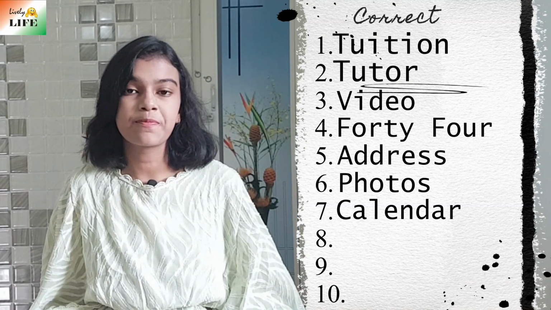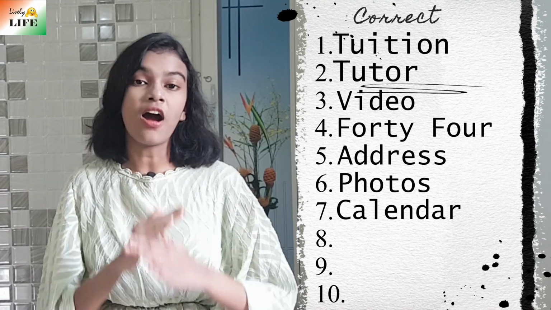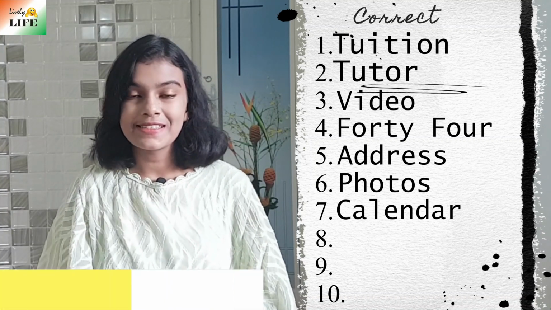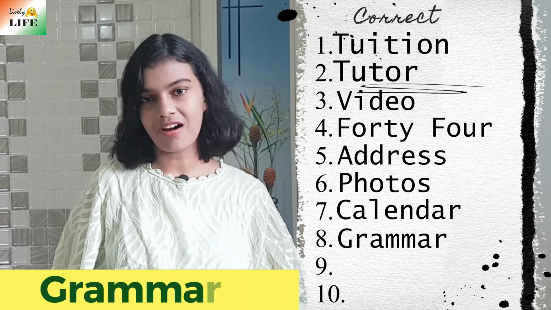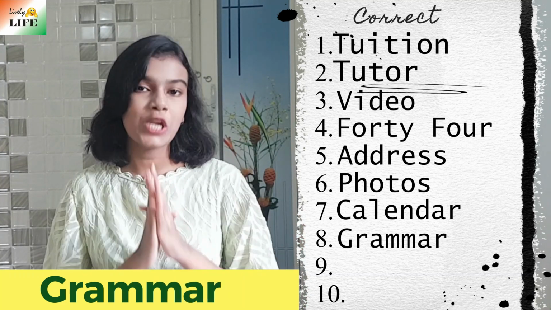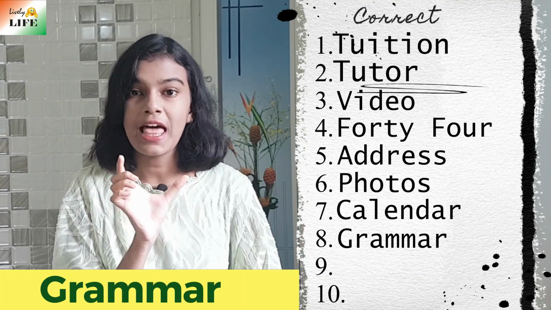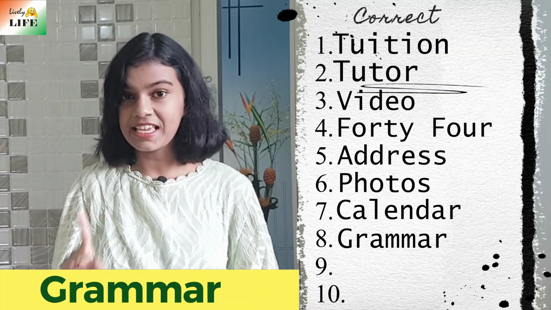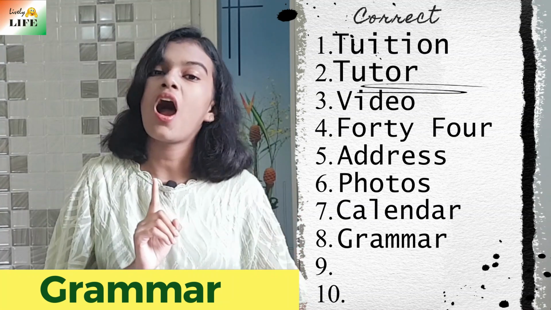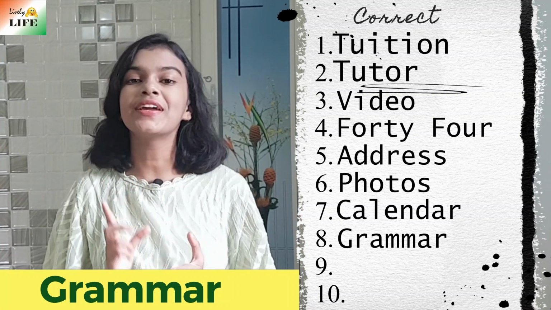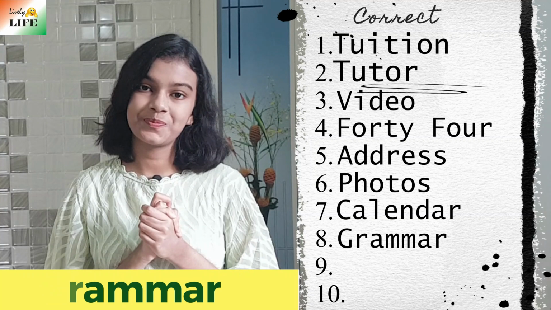But both of these are incorrect. The correct spelling is G-R-A-M-M-A-R. It's not single M, it's double M. It's not ER, it's AR. So this is the correct spelling of grammar.